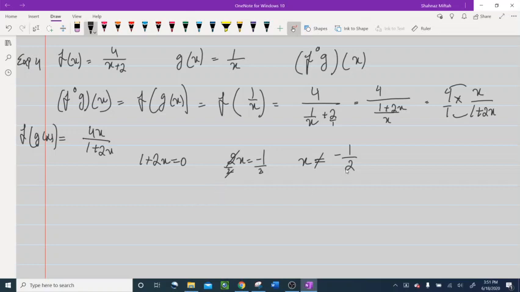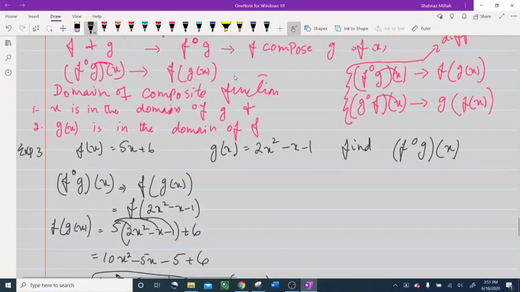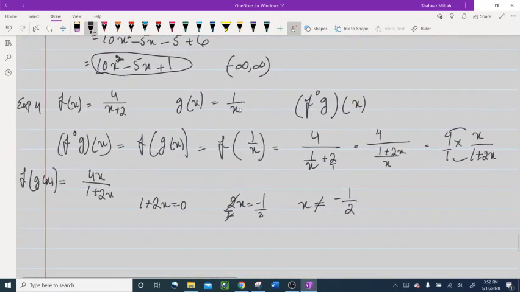I have negative half, and we do care about this one, g of x, according to these steps. g of x is in the domain of f, x is in the domain of g, so we are going to find the domain of g of x, and the domain of the composite function. So I have 0, and I have 1 over x, which was g of x, and I'm going to make x not equal 0. So we need this and we need this.